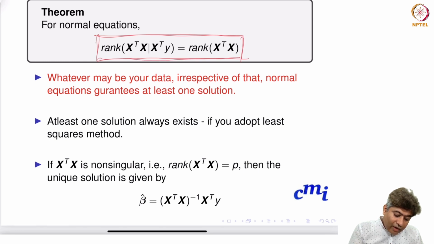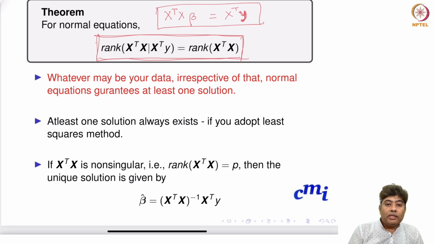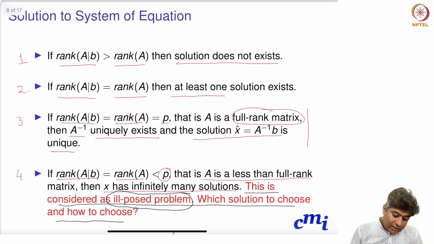If you have a normal equation like X transpose X beta equals X transpose y, all you have to do, if you have data, is set up the normal equation, and this theorem guarantees that you have at least one solution. So if you go back here, the second condition is true for whatever the data may be.